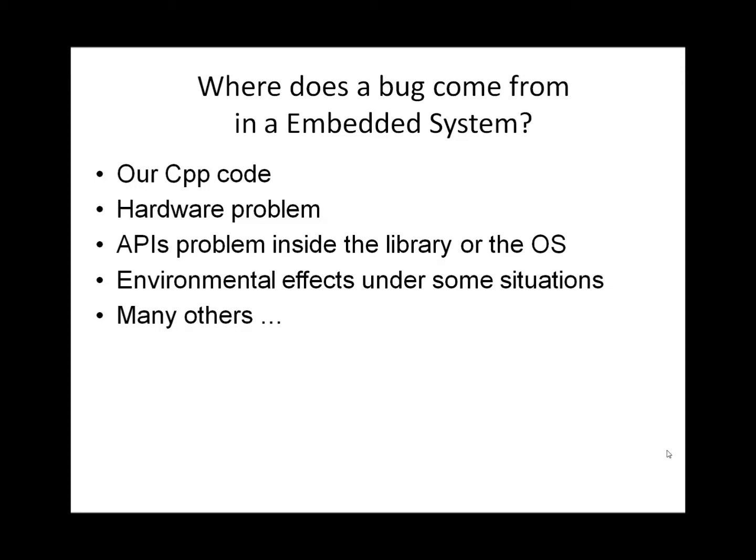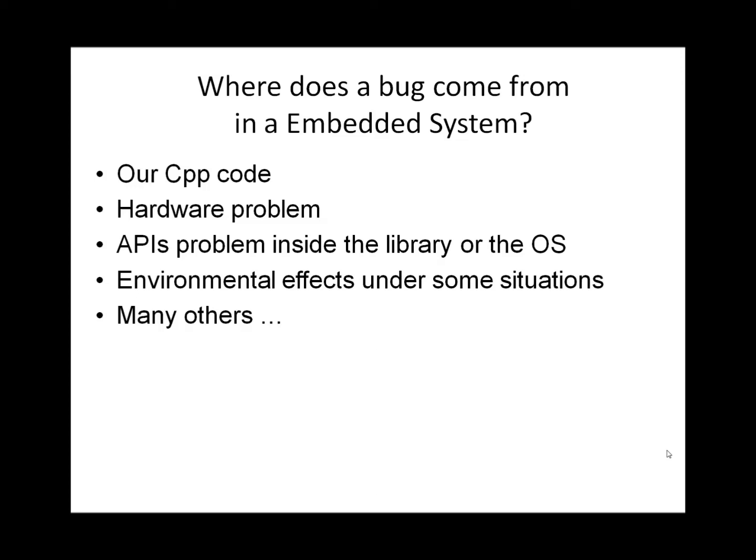So let's first understand where a bug can come from in an embedded system. It can come from your C++ code, high level. It can come from the hardware, maybe some APIs in the library or mbed OS, maybe some environmental effect, temperature, whatever, that affects the sensors. It's an embedded system.